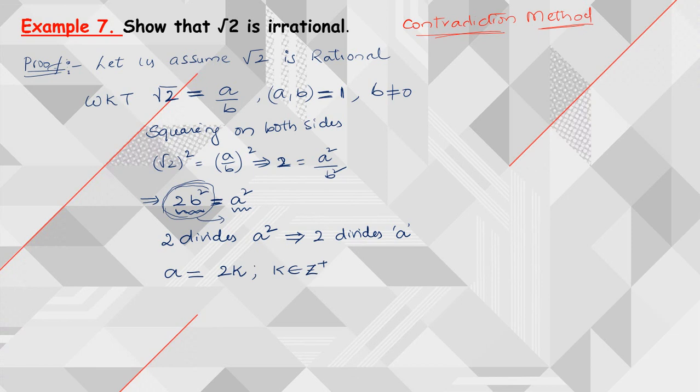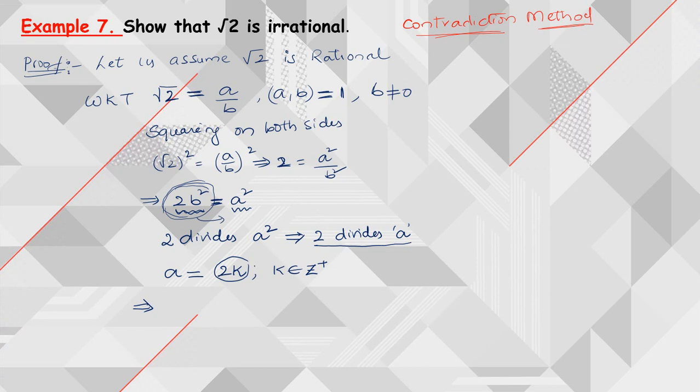So a is equal to 2k. 2 divides a means a is a multiple of 2, and a multiple of 2 we can represent in this form. Which we already learnt in Euclid's division lemma, so using that property we can represent an even number in the form of 2k.